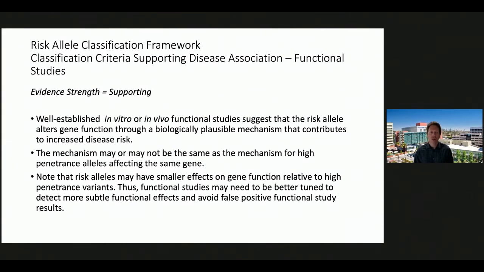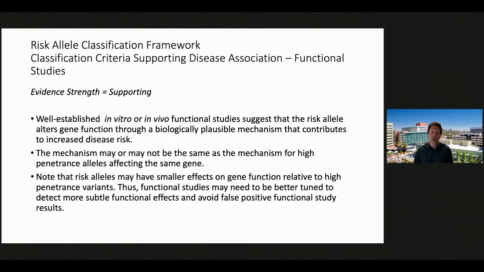So the functional study is not required, but when you have functional evidence, we consider that supporting. It's considered, but it's a little weaker in terms of its evidence strength than in the high penetrance system. Remember, that would be a strong criteria if you have a functional study supporting pathogenicity.